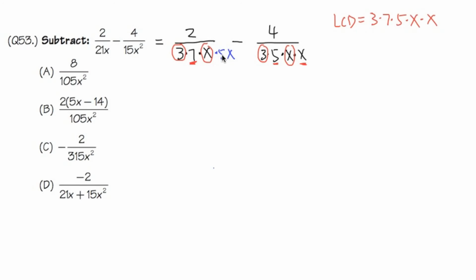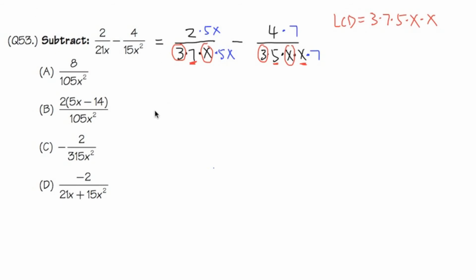So I will need to multiply by 5x on the bottom to come up with the lowest common denominator. If I multiply the bottom by 5x, I will also need to multiply the top by 5x. And now let's work on the second one. On the bottom, I have 3, but I don't have the 7, so I will need to multiply by 7. I do have the 5 already, and then I have the 2 x's right here as well. So multiply by 7, that's all we need. So I will multiply by 7 on the top as well.